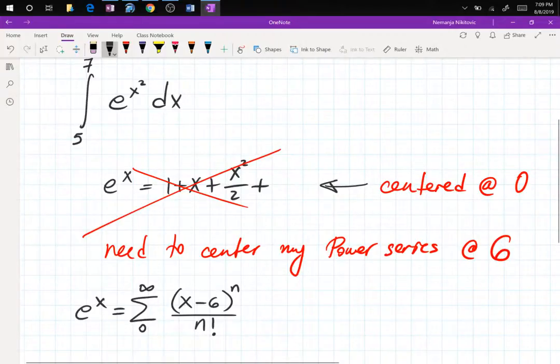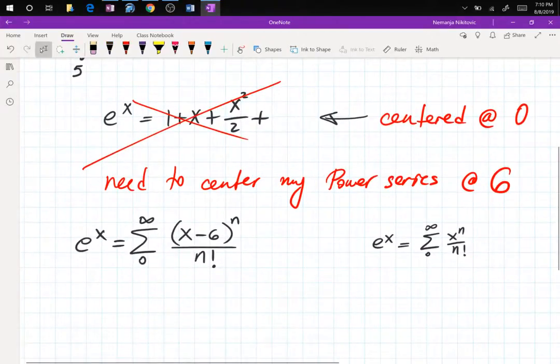If you memorized that e to the x centered at 0 is the summation of x to the n divided by n factorial, then if you need to center it at some other value, it's just x minus that number. Now that goes for every single one. If you memorize sine and cosine and hyperbolic sine and ln of 1 plus x and all of these other ones, the matter of shifting is just putting x minus whatever value you need to center it at.